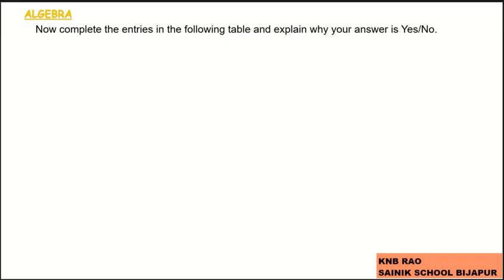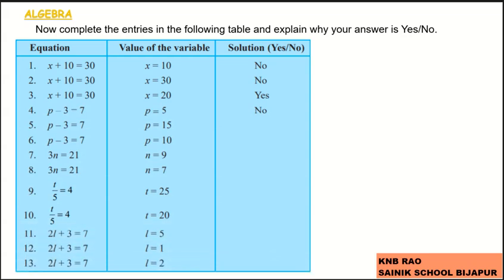Now complete the entries in the following table and explain why your answer is yes or no. Here x plus 10 equals to 30, x equals to 10, no. X plus 10 equals to 30, x equals to 30, still no. X plus 10 equals to 30, x equals to 20, yes. That means x equals to 20 satisfies.